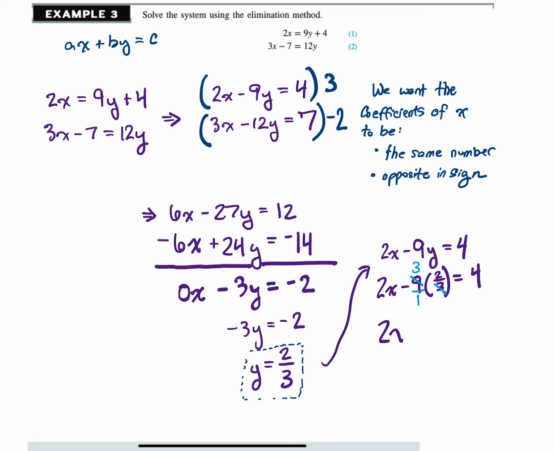So we'll have 2x minus 6 equals 4. Add the 6 over, so 2x will equal positive 10. And then divide both sides by 2. So we get a nice positive 5. So our solution point will be, I'll just stick it right here. The point x is 5, y is 2/3.